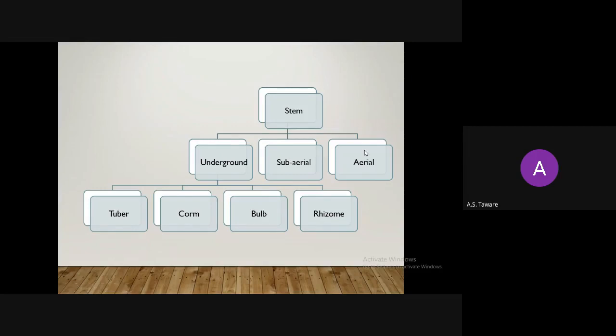Underground is below the ground, subaerial is just above the ground, and aerial is above the ground. Underground modifications are further separated as tuber, corm, bulb, and rhizome. Again, there are various examples of these.